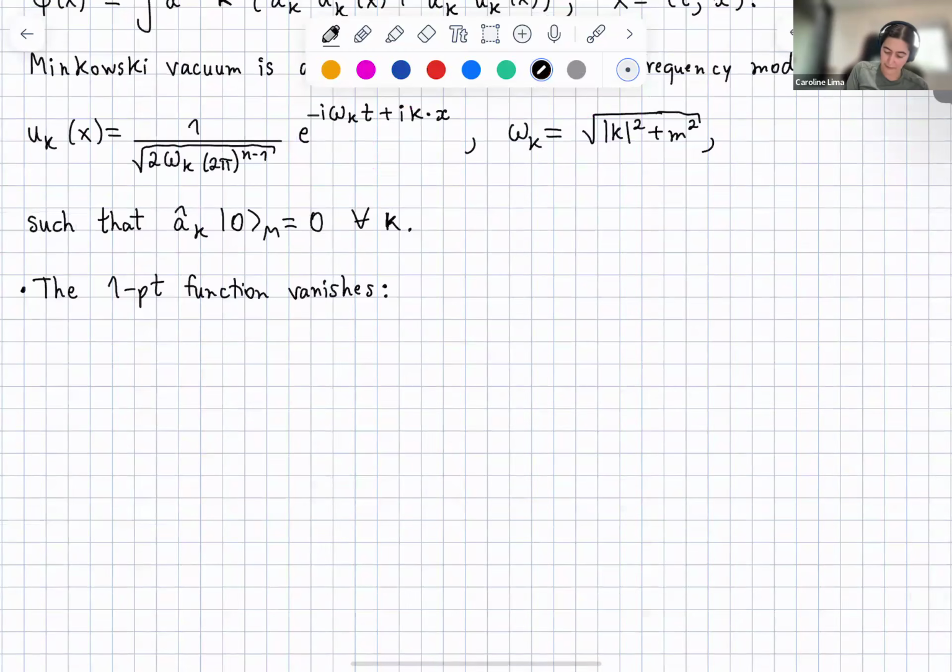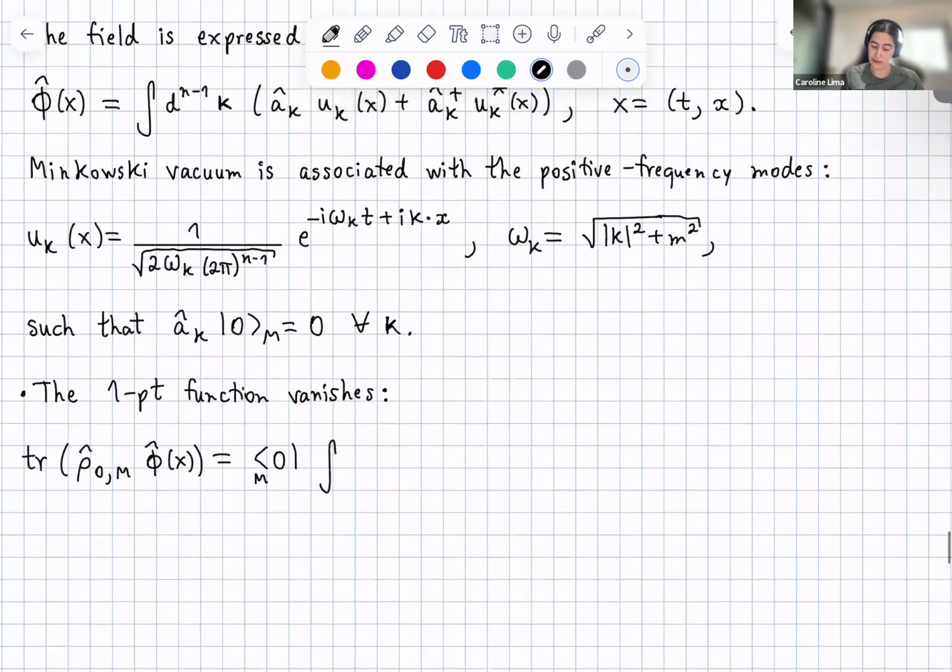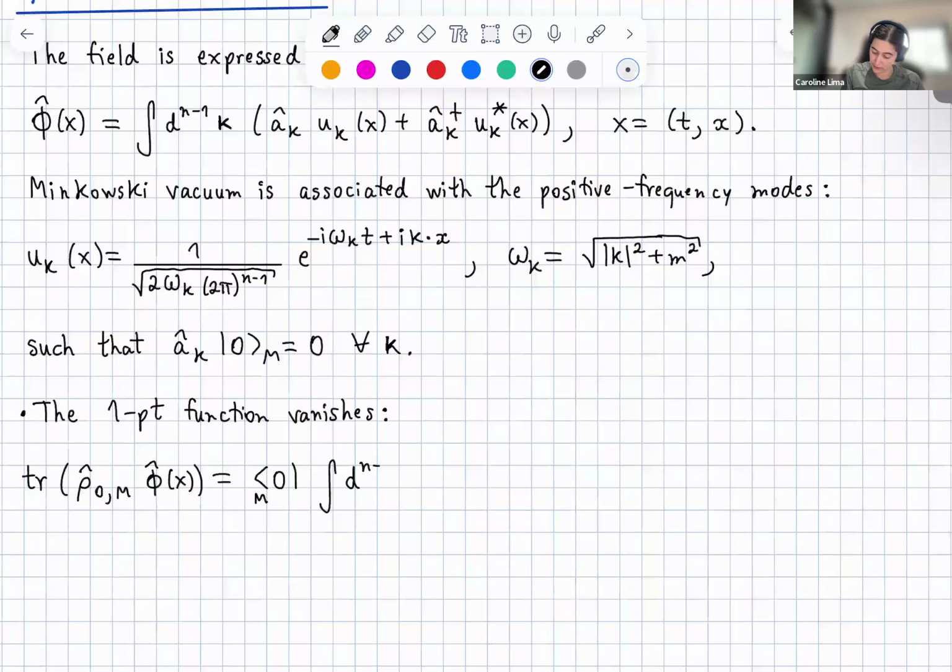So what I'm going to do is just take the trace of the Minkowski vacuum times phi of x, okay? And I can write that as the Minkowski vacuum times the field that I just wrote there, right?